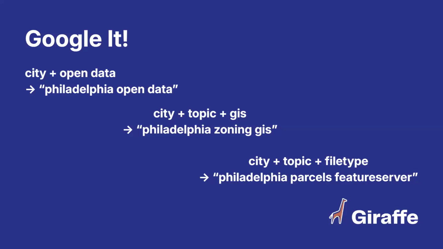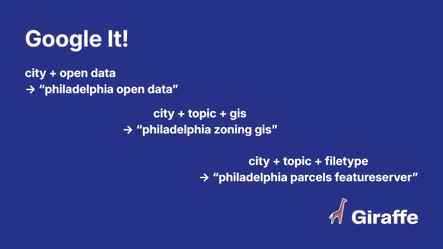So these are some different keyword combos that you can try. You can try the city plus open data, the city plus a topic plus GIS. And that GIS is where you're going to end up getting the actual GIS data rather than just getting a map that you can look at. It'll help you drill down into the actual data that you want, either to download or to find that endpoint.